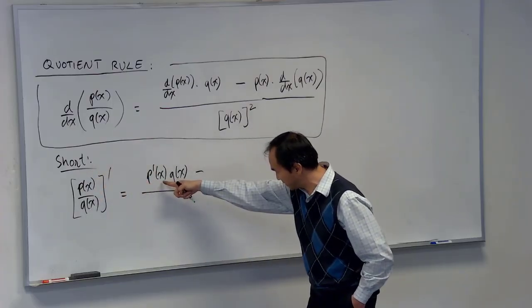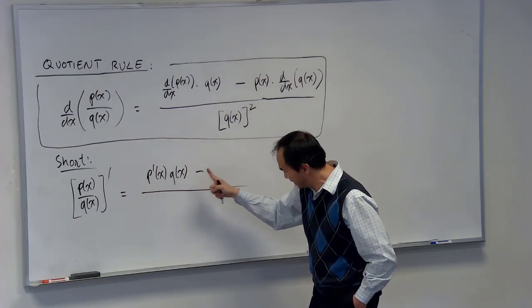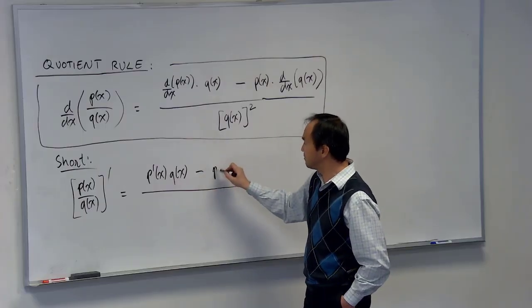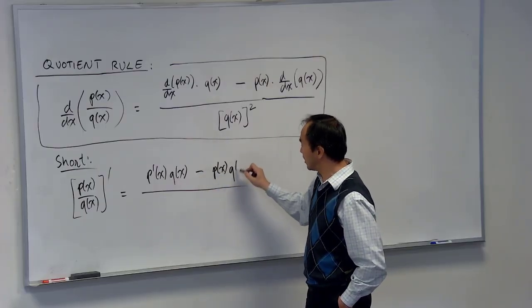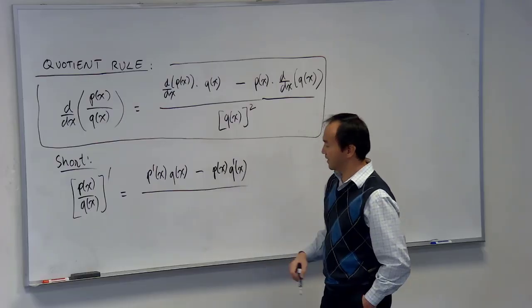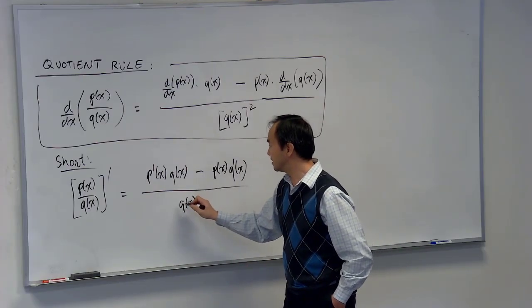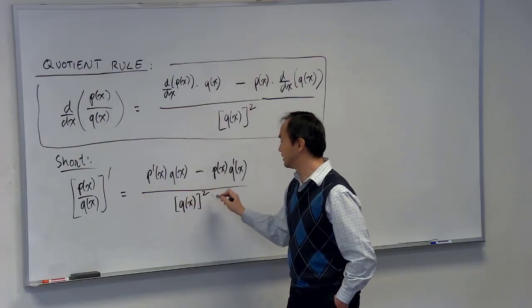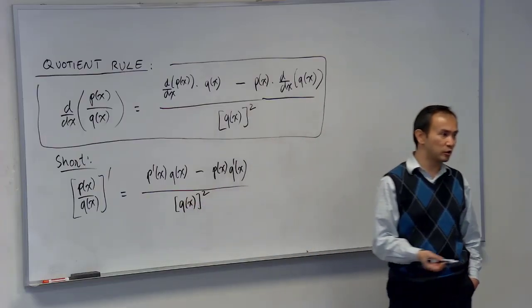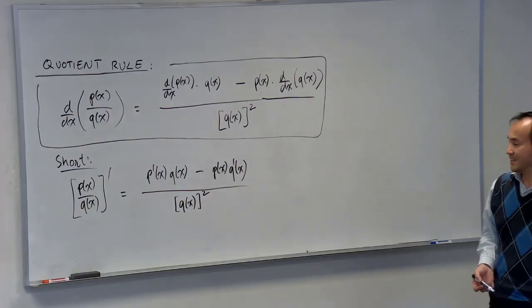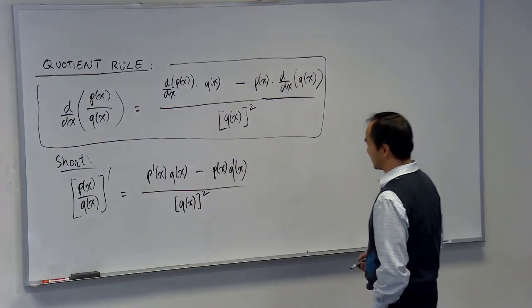So we take the derivative of p first, multiply with q, no prime, then we subtract. And now I'm going to keep p the same, and multiply with q prime of x. And then in the denominator, we divide by q squared of x. So that's a form that's a little bit shorter, right? So there's a short form of the quotient rule right there.